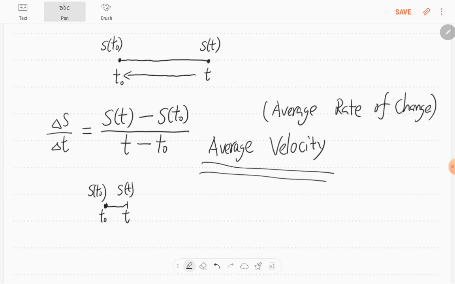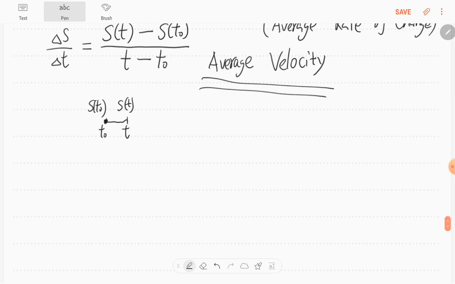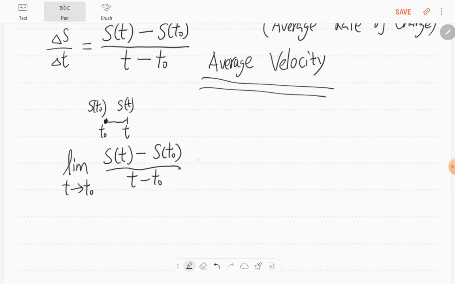So this will give you the limit as t approaches t naught of s of t minus s of t naught over t minus t naught. What's that? This is s prime, the derivative of the function s at t naught. This is another definition for the derivative, right? And as I said, if t approaches t naught, the average velocity will approach the instantaneous velocity at this moment t naught.